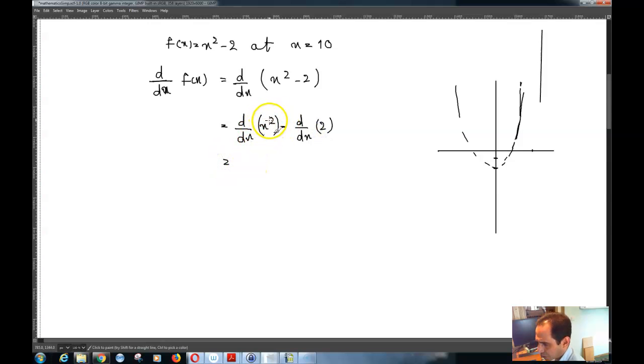So d by dx of x squared is equal to 2 times x, and d by dx of a constant is equal to 0, which leaves 2 times x. And as you can see, the derivative of the function at this point is going to be already around 20, meaning that 2 times 10 is equal to 20.